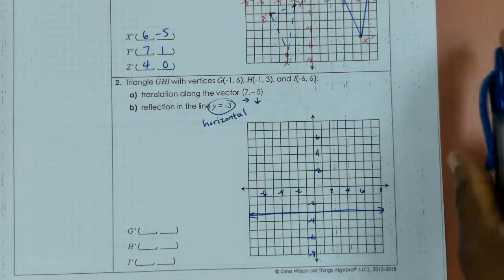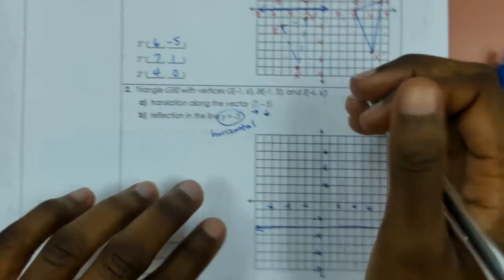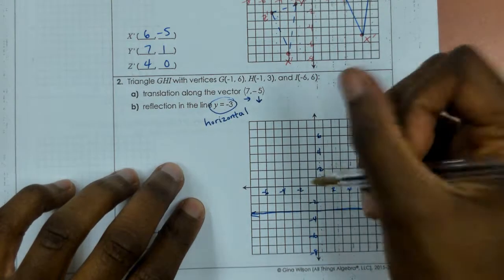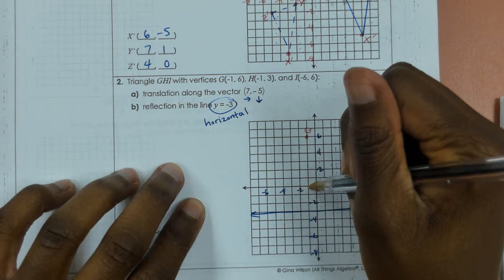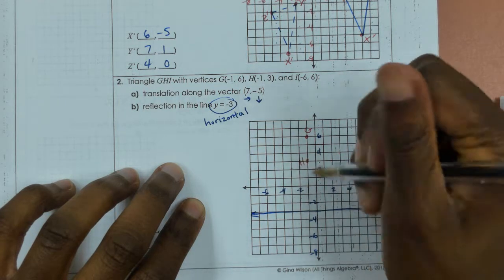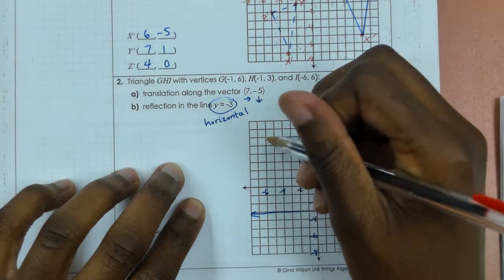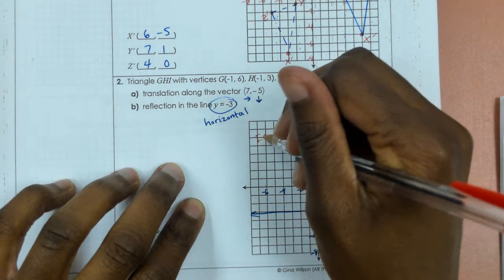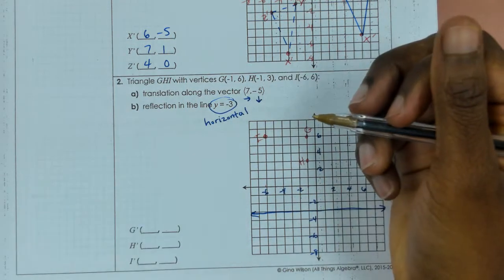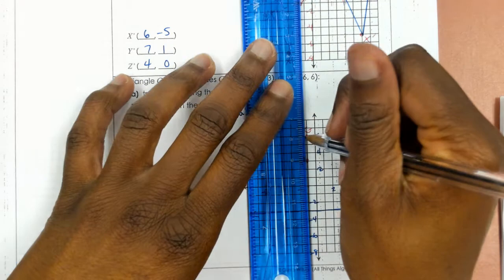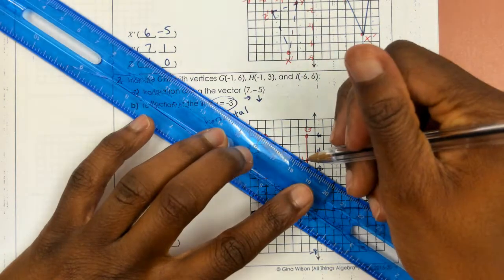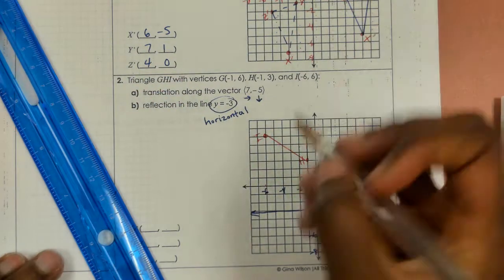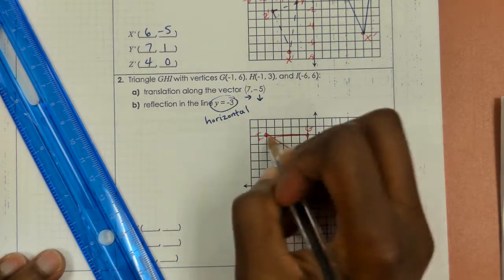Okay, so I'm going to take my points, plot them in pen. Then I'm going to move every point for part A. I'm going to move every point 7 units to the right, 5 units down. Should be very comfortable with all these transformations for the test.